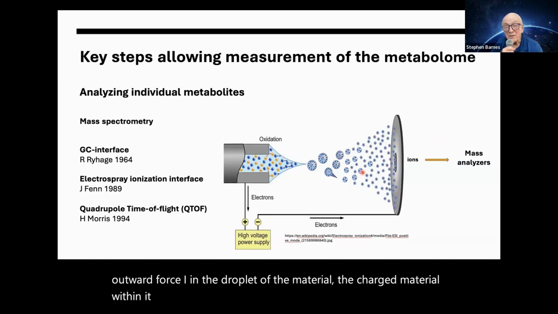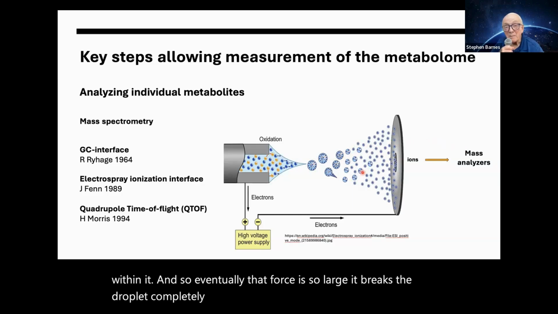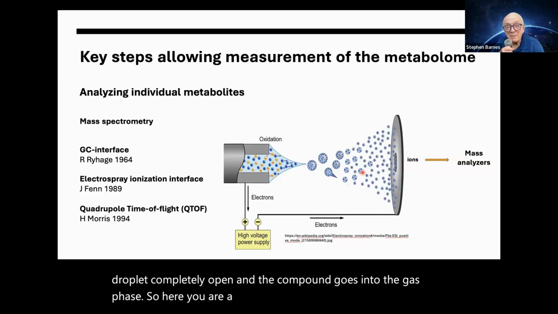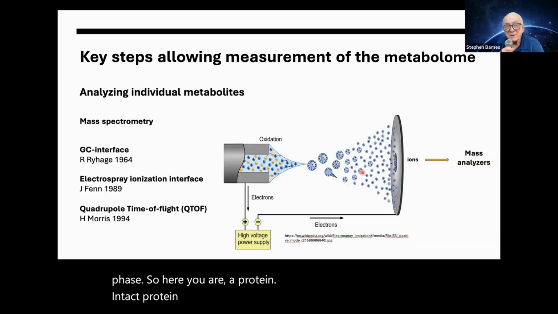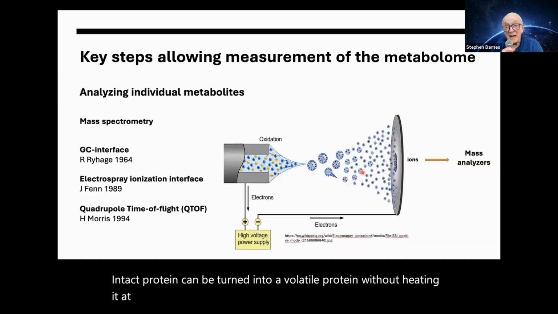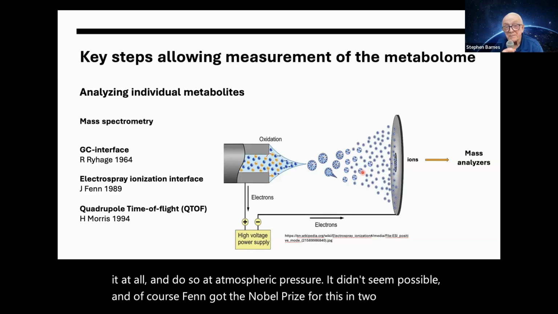Eventually that force is so large, it breaks the droplet completely open, and the compound goes into the gas phase. So here you are, an intact protein can be turned into a volatile protein without heating it at all, and do so at atmospheric pressure. It didn't seem possible. And of course, Fenn got the Nobel Prize for this in 2002.